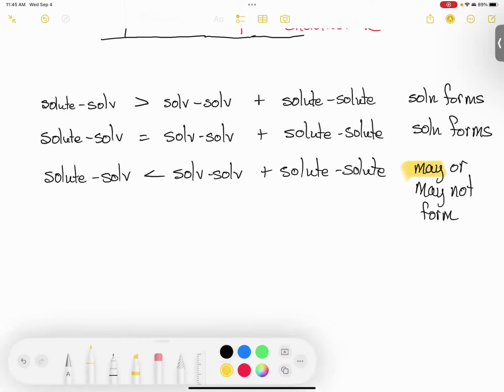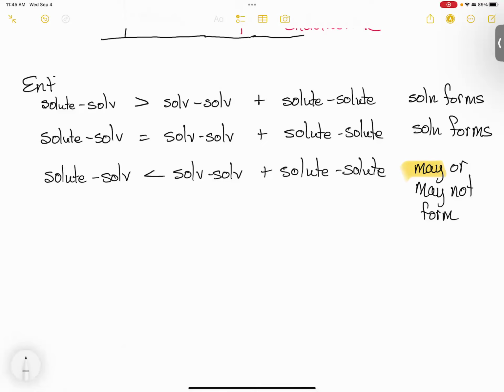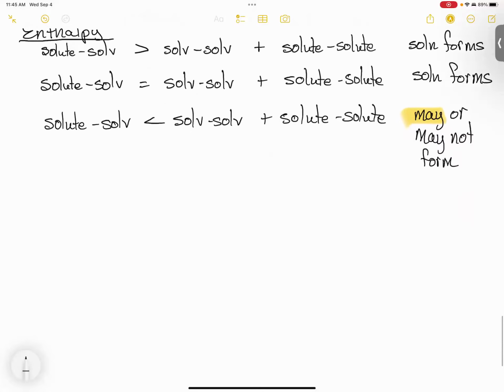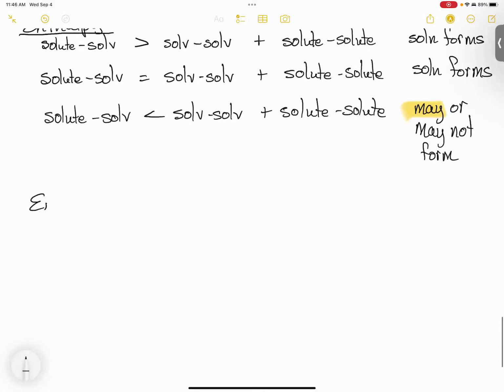Well, again, this talks about the enthalpy. But if you'll look back, I said there were two parts to this story. The second part to this story is the entropy. And entropy is also a form of energy.